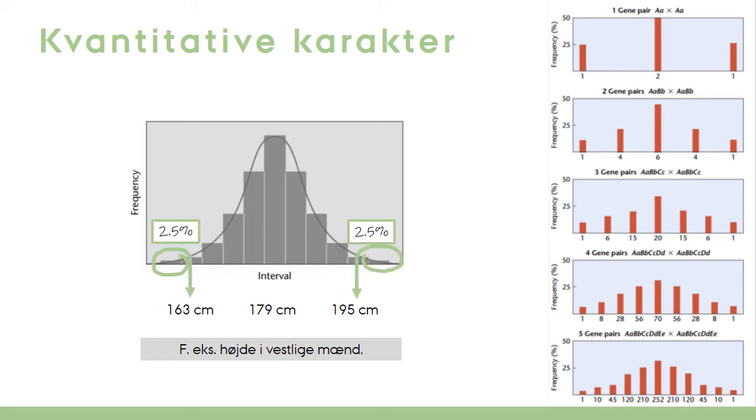When you follow the rules of the normal distribution, which we will discuss a little bit later, you see that we have the average of 1.79 meters, and then 2.5% of the men will actually have a height smaller than 1.63 meters, and 2.5% will have a height taller than 1.95 meters. But 95% of the men will have a height between 1.63 meters and 1.95 meters.